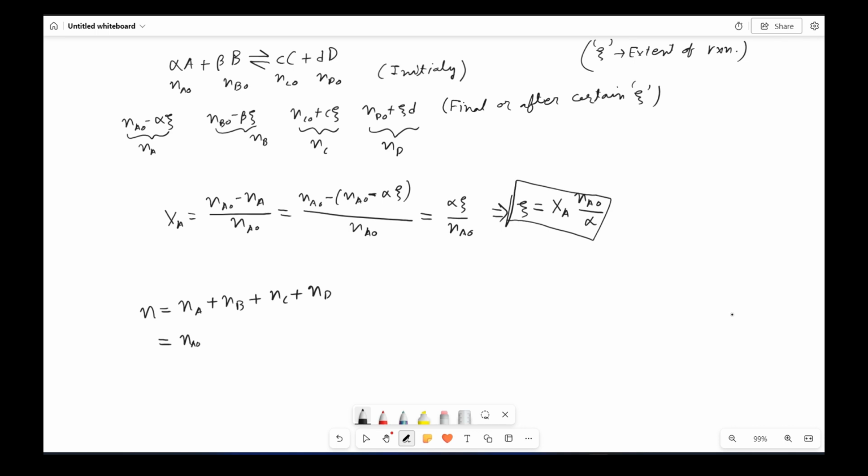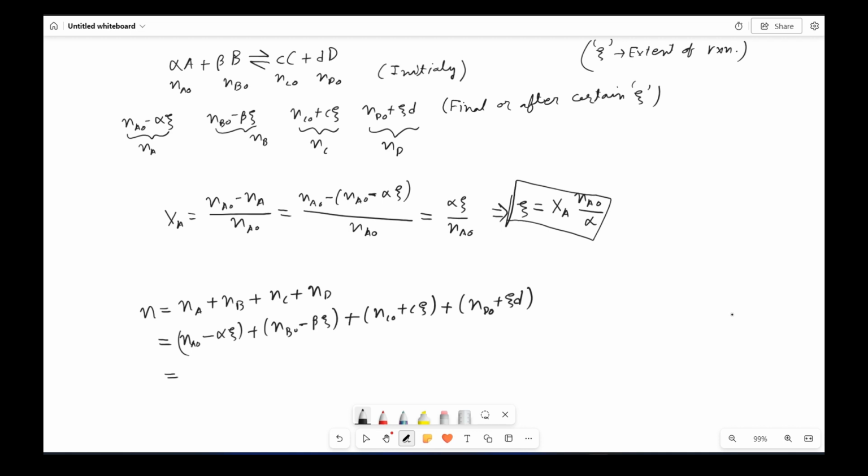Na naught minus alpha epsilon plus Nb naught minus beta epsilon plus Nc naught plus c epsilon plus Nd naught plus d epsilon.